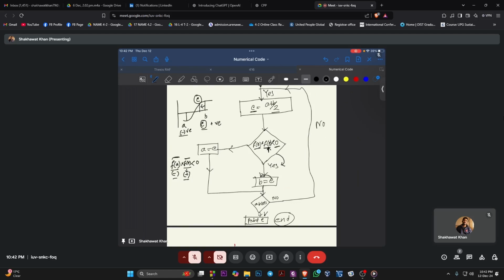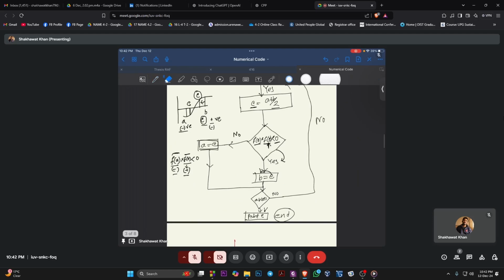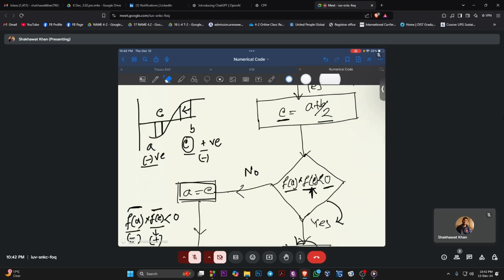If this does not happen, then obviously this c value would be negative. So if this is not right, then we will swap the value for a and c. That means this is c and this is b.